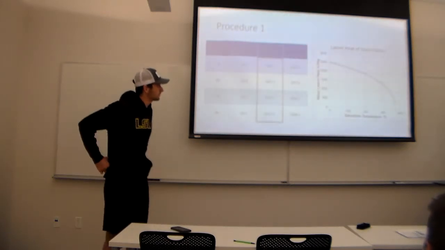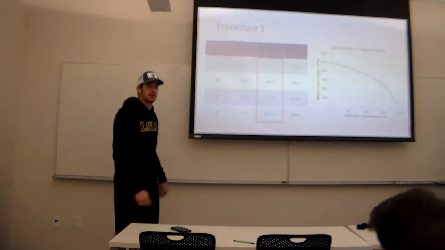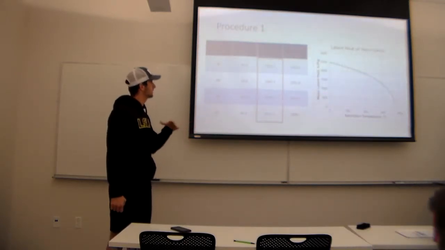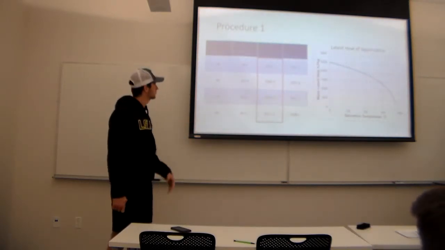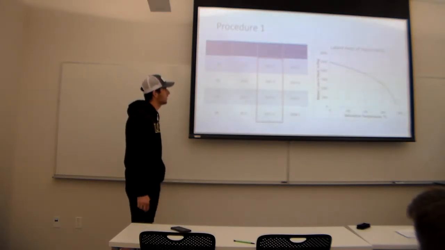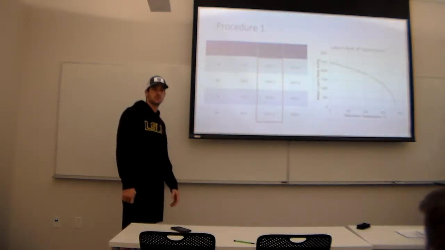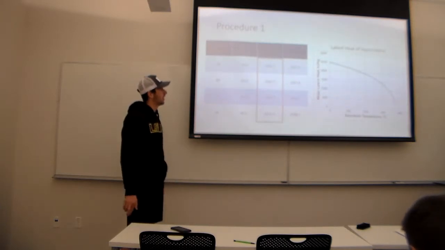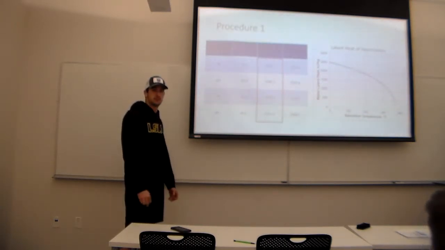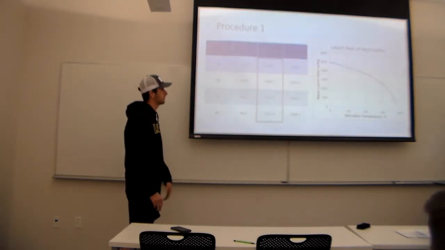So with the first procedure, like I said, I found dP/dT at 4 different temperatures. So I did 50, 60, 70, and 80. As you can see, the results from this compared with the ideal results that I found in the thermo table were completely off.